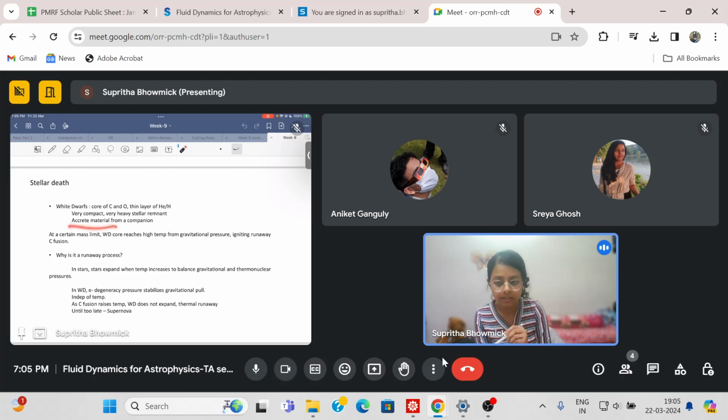This accreted material will start imparting some gravitational pressure on this core, right? What this will do is, due to such high gravitational pressures, the core will start getting heated up. Okay. And once the core reaches temperatures high enough, thermonuclear reactions can start taking place in the core.